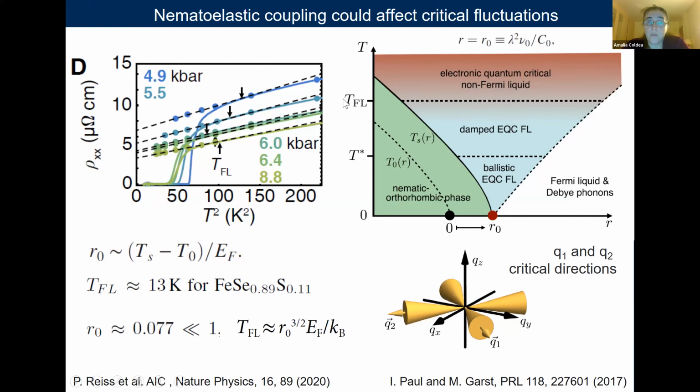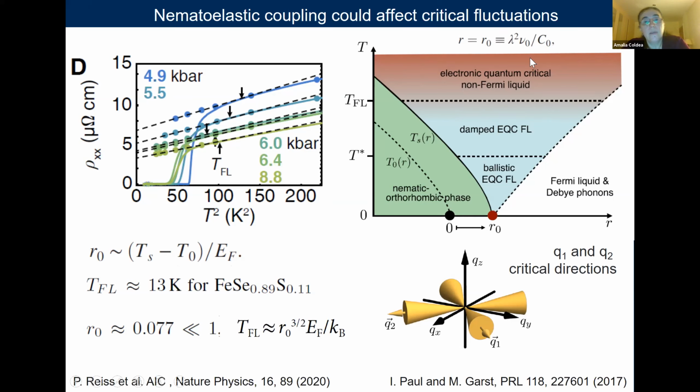The phase diagram for such a system will have temperature versus the coupling parameter between the electronic system and the lattice. Then we expect that, in the presence of this coupling, the whole phase diagram is shifted to a different location. So in reality, the real critical point will be somewhere inside the nematic phase.